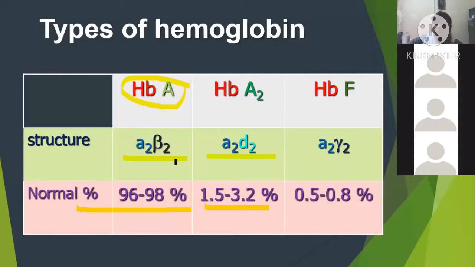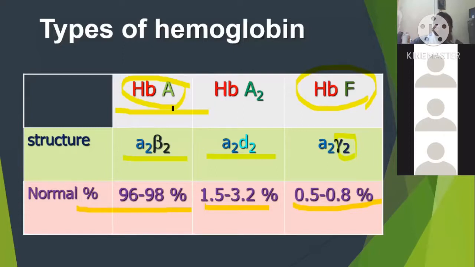Here it is neither beta nor delta, but the chain designated gamma. Again, the composition of the amino acids is different from the beta and the delta. And this percentage is very low until they become adults, some 0.5 to 0.8% only. Otherwise, the normal or major form found in all vertebrates is hemoglobin A only.